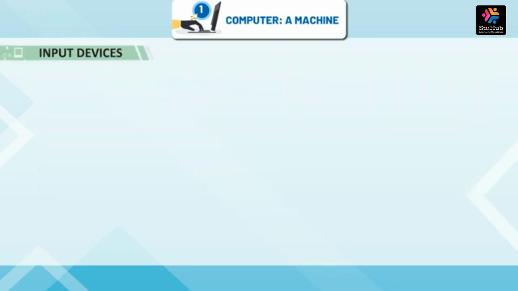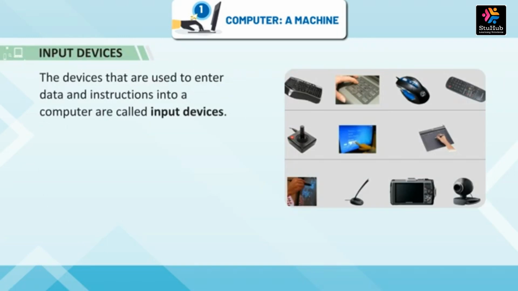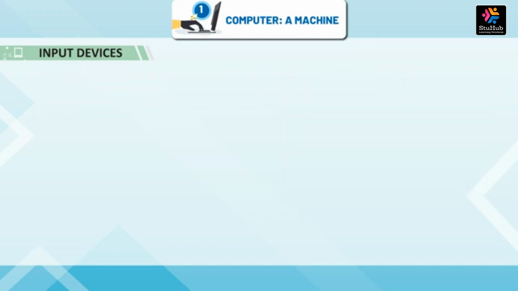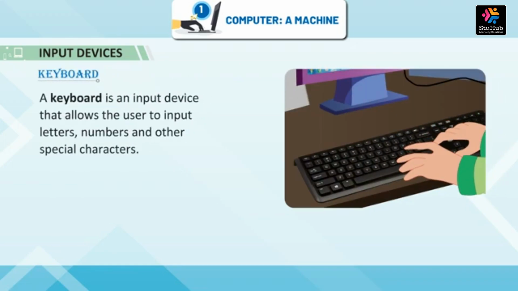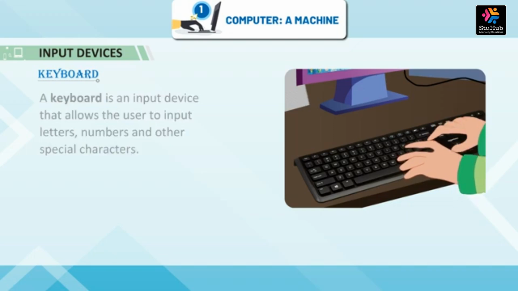Input devices. The devices that are used to enter data and instructions into a computer are called input devices. Let us understand about different input devices. Keyboard. A keyboard is an input device that allows the user to input letters, numbers, and other special characters.